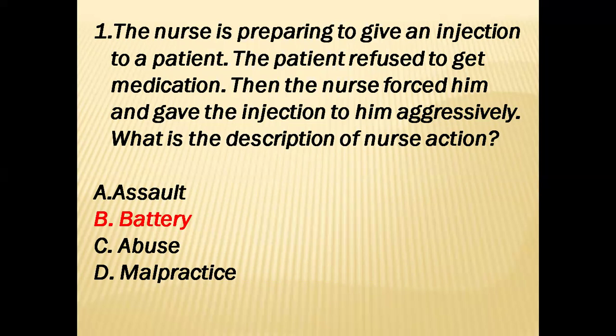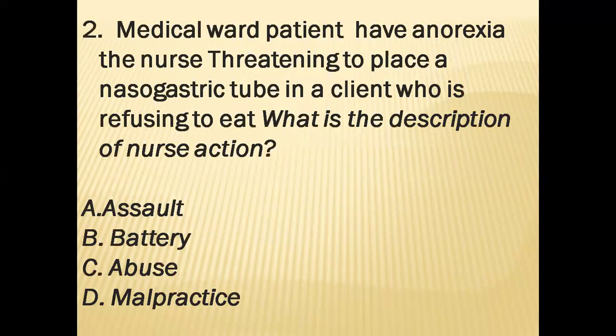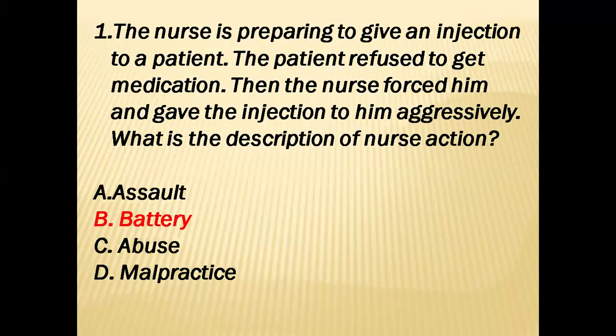You can clearly understand now. Let's see one more question. Medical ward, the patient has anorexia. The nurse threatens to place a nasogastric tube in a client who is refusing to eat. What is the description of the nurse's action? In the previous question there was a physical act, forcing him and injecting.